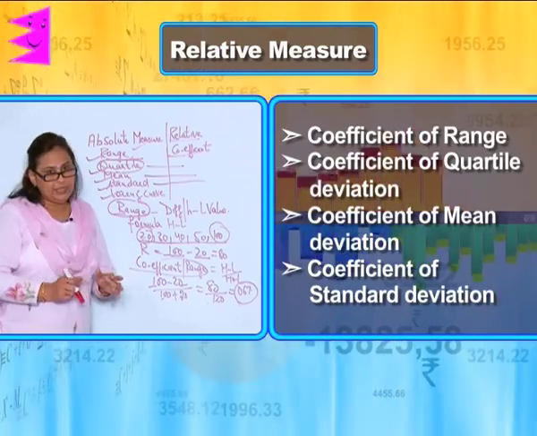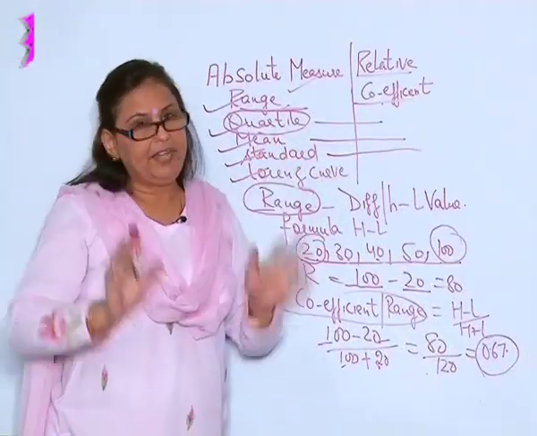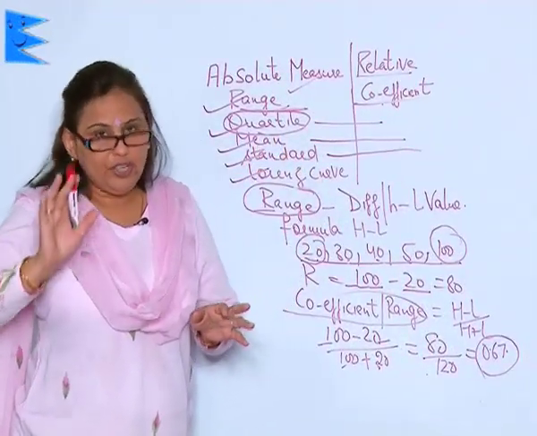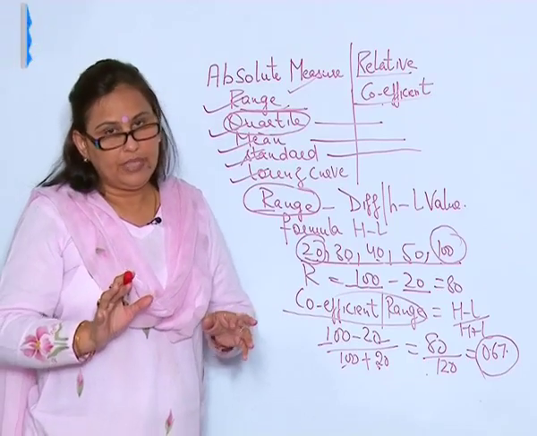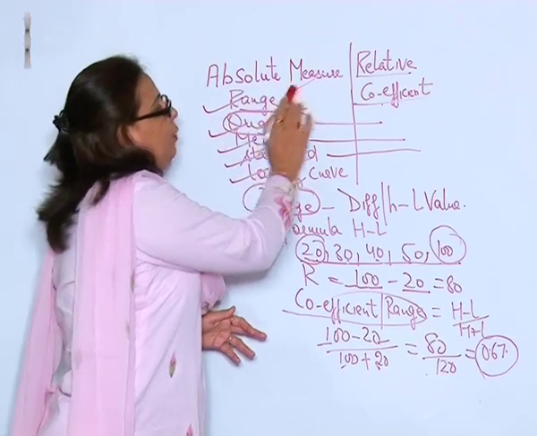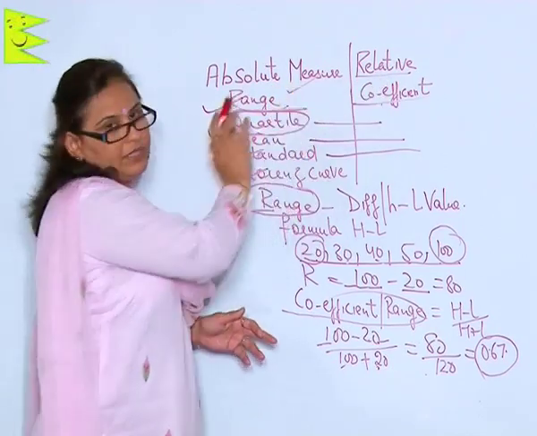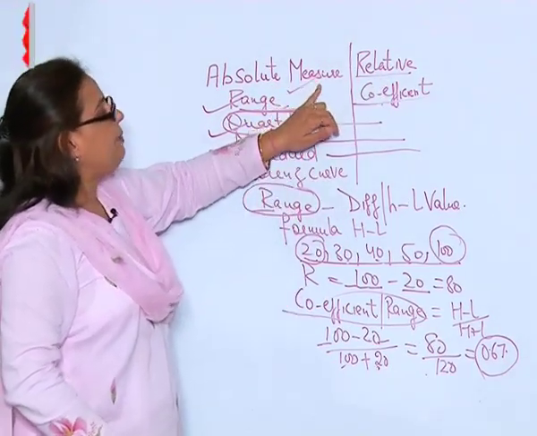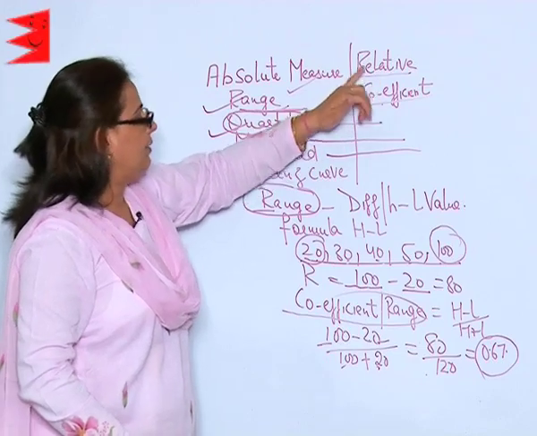Now this means that whenever we measure dispersion, we need to find it in both terms, both in absolute measure and the relative measure.